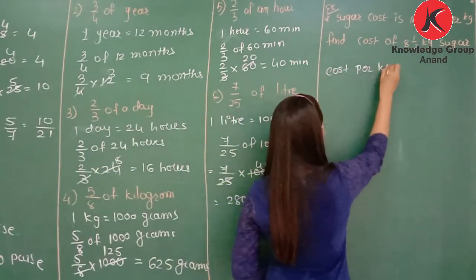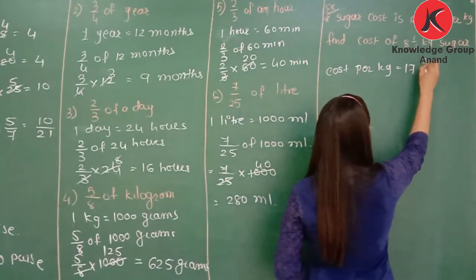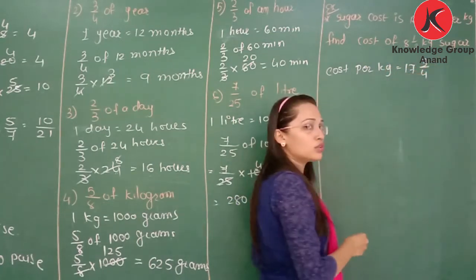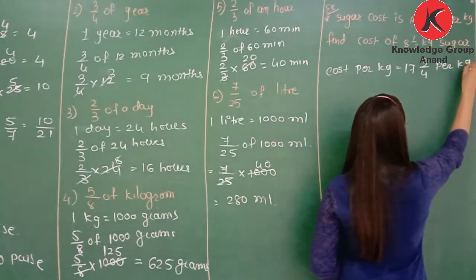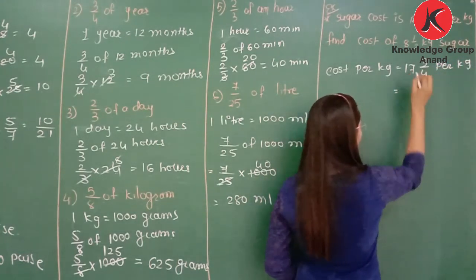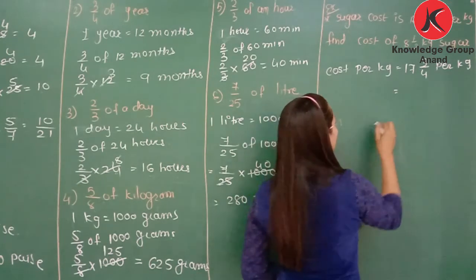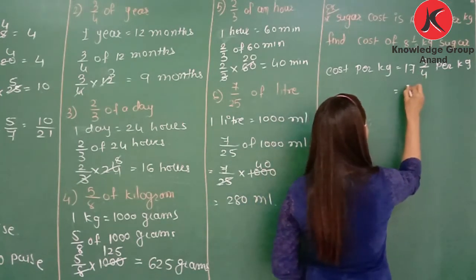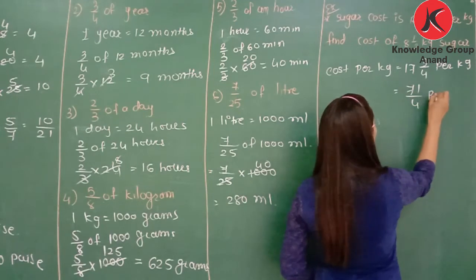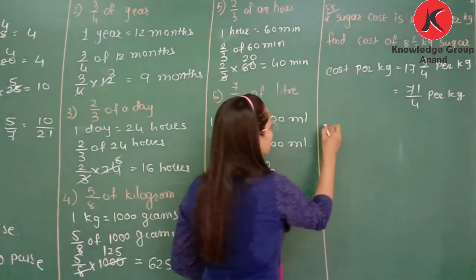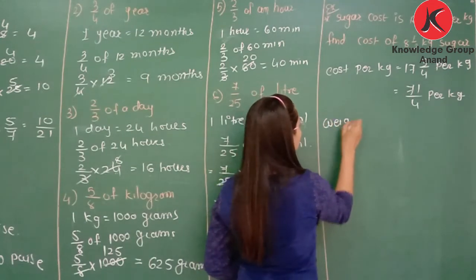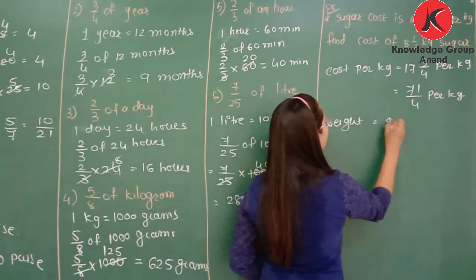So cost per kg is given 17 3 by 4. Convert this into improper fraction. 17 4s are 68. 68 plus 3, 71 by 4 per kg. So that is cost of sugar. And weight is given 8 1 by 2.